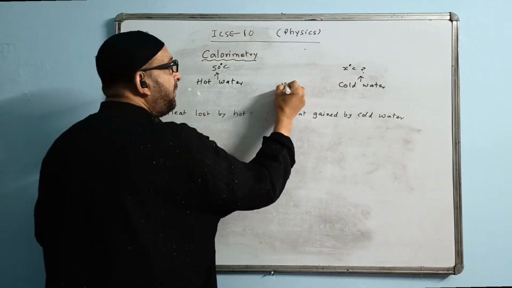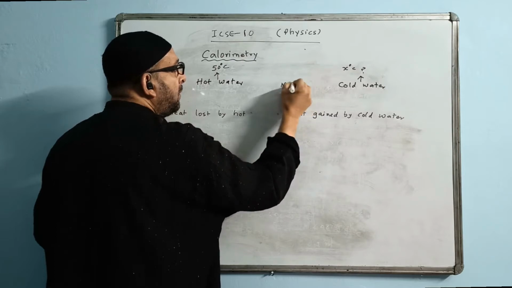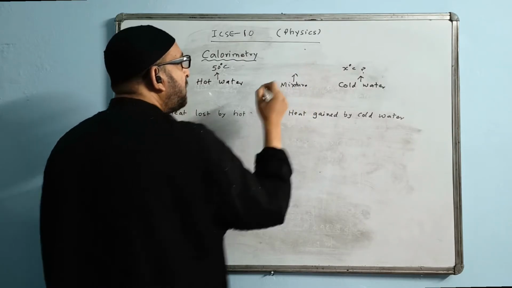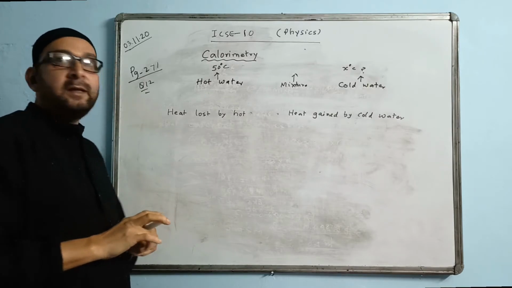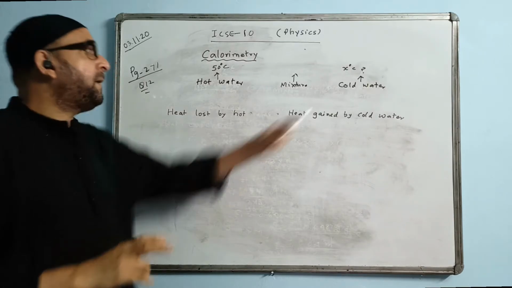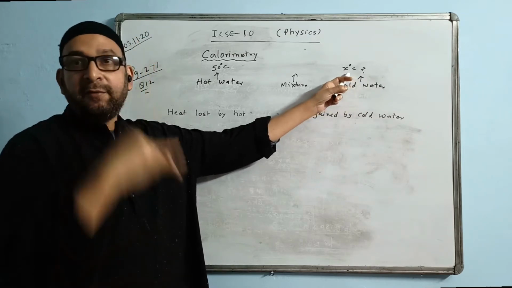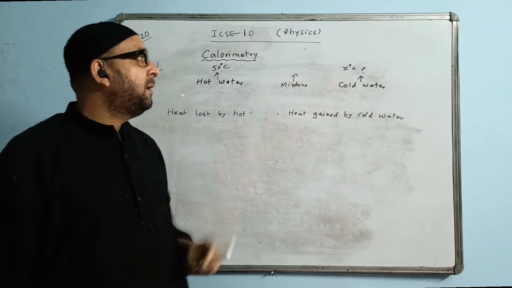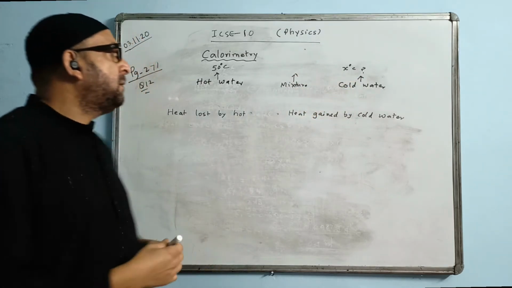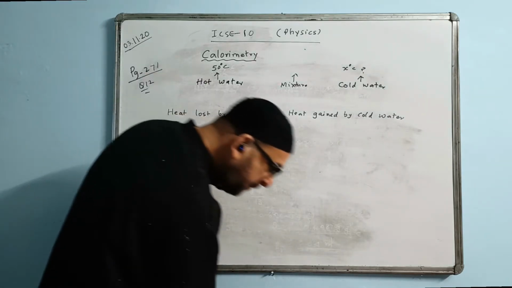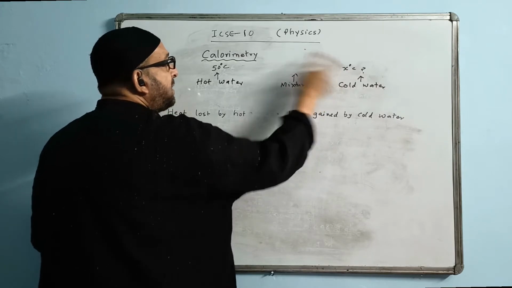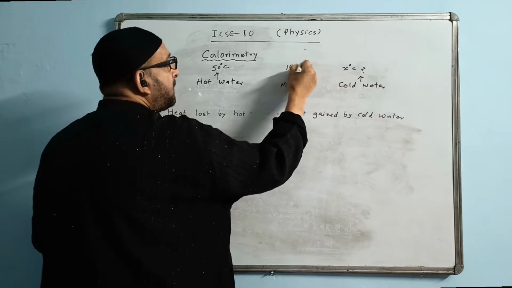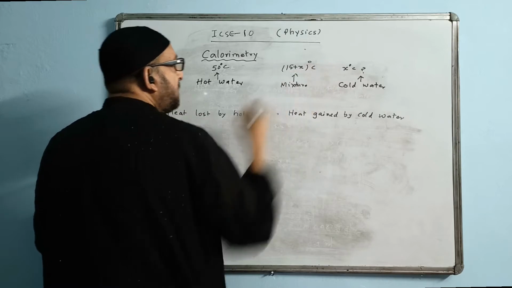The mixture I will keep in between. The temperature of the mixture is not mentioned here, but they are saying the temperature of cold water rises by 15. That means if this is X, then this will be more than that, rises by 15, so 15 plus X degrees Celsius.